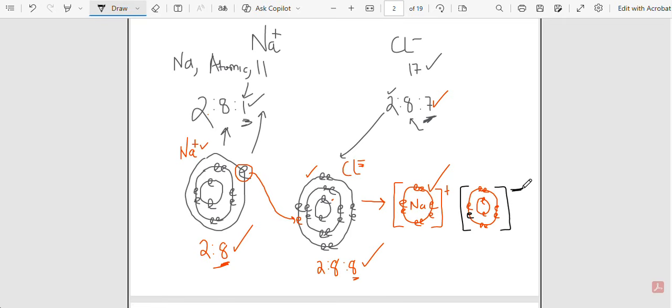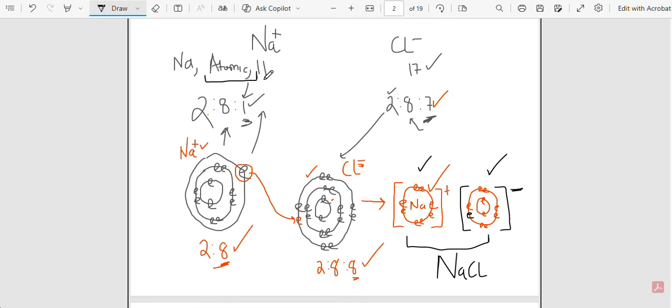Then the one electron that has been gained, you differentiate that, which has changed its configuration. Since this one has gained, it gains a negative charge. Okay, so that is the diagram. This is stable, this is stable.